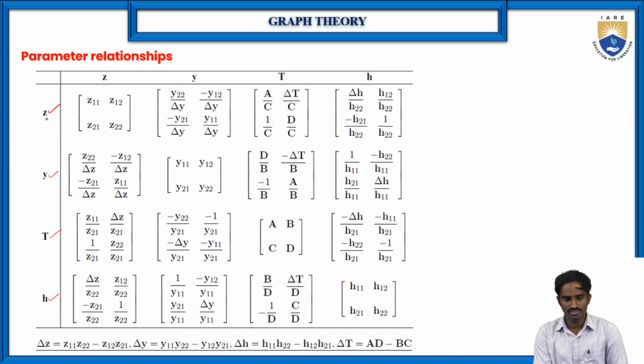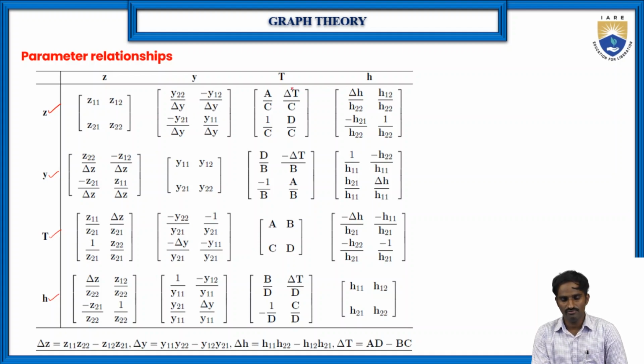The Z parameters are nothing but Y22 by delta Y, minus Y12 by delta Y, and so on. So the inversion of this Y is nothing but the Z. Because as we know, Z is equal to 1 by Y, so Y to the power of minus 1 is nothing but the Z parameters.